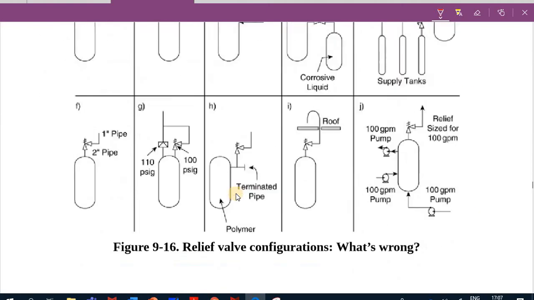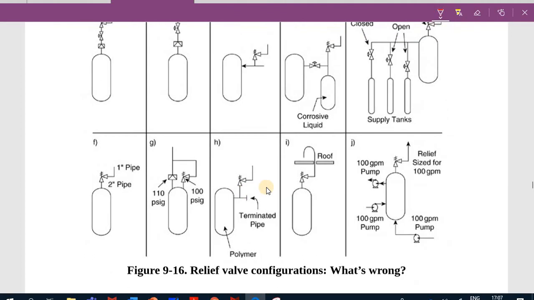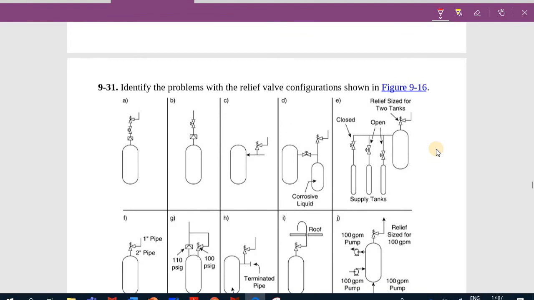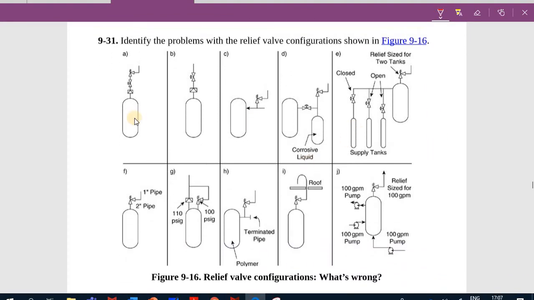Now finally, the last question that I would like to cover in this chapter is problem 9.31. It says, identify the problems with the relief valve configurations shown in figure 9.16, which is in front of us.